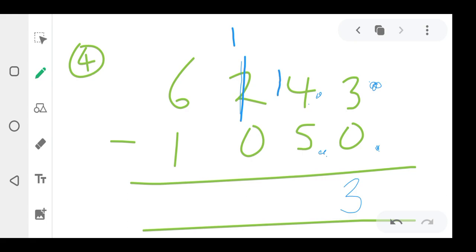That 1 I add to 4, so it becomes 14. So 14 minus 5. What is 14 minus 5? It is actually 9. Okay? 14 minus 5 is actually 9.